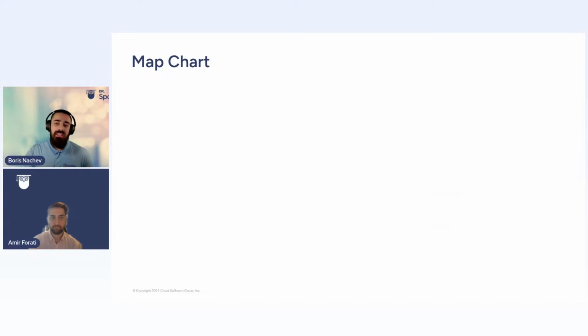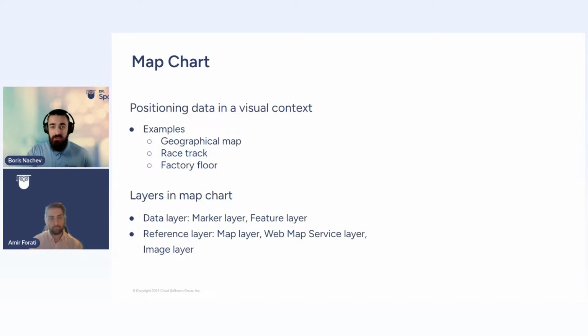So the way that we enable geoanalytics in Spotfire is through map charts. Map charts allow you to position your data in a context. They're commonly used in a geographical context, but they can also be used in a variety of other graphical contexts, such as positions of chips on a chip wafer in semiconductor manufacturing, or machines and robots on a shop floor.